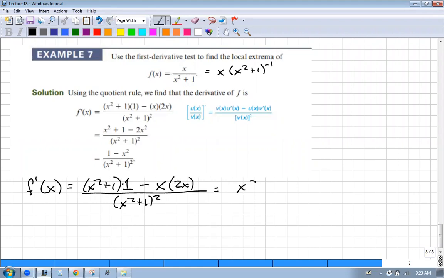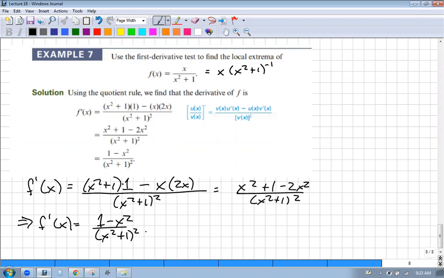So this is x squared plus 1 minus 2x squared. And we can simplify that more. x squared minus 2x squared is minus x squared. So we got 1 minus x squared over x squared plus 1 squared.